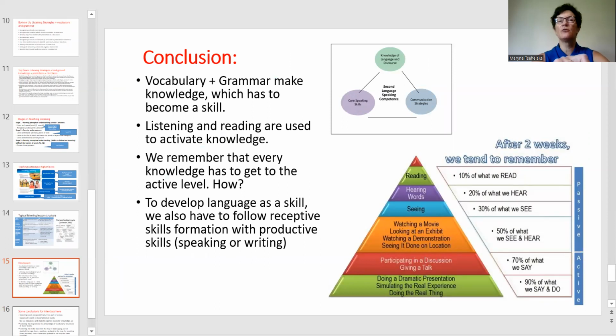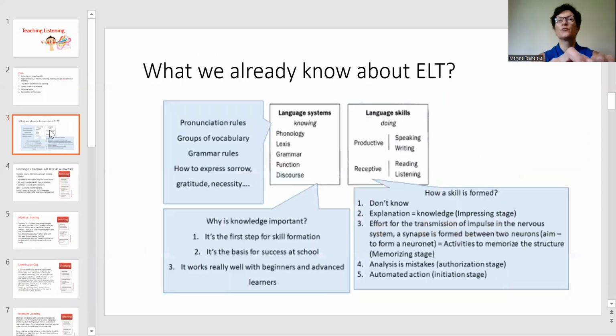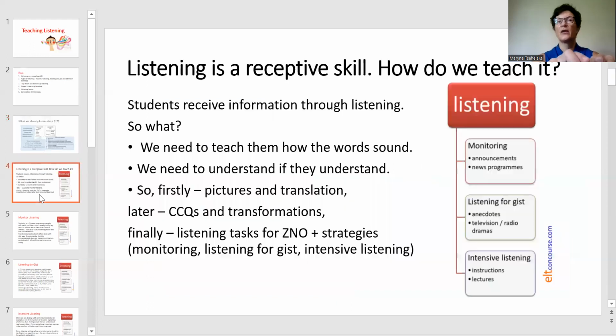And now let's make some conclusions about how we teach listening and why. So first of all, listening is a skill, so we teach it by practicing. We can listen to very small details, it's monitoring.